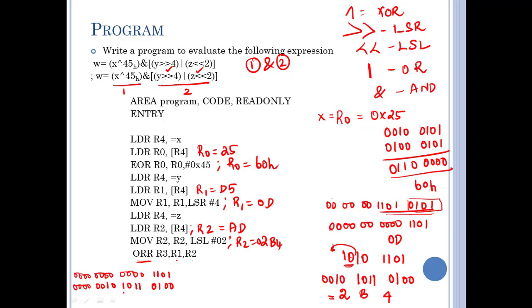If you OR this, the first bit is 0 only, this is 2 only, this is B only, whereas this is 1 OR with 1 is 1, so this becomes 1101. 1101 is D. So now R3 will be having 02BD. R3 will be having 02BD.